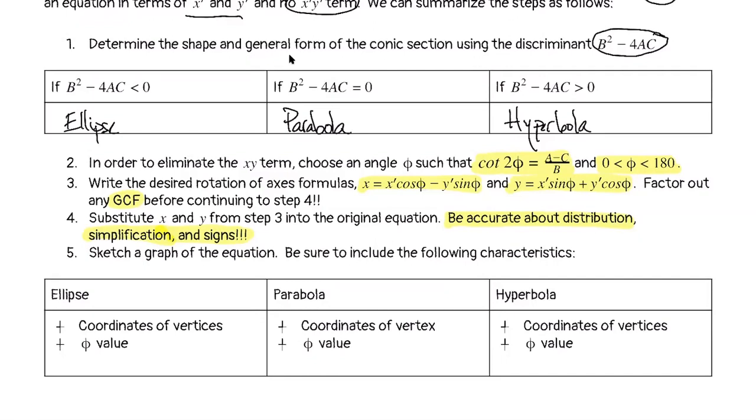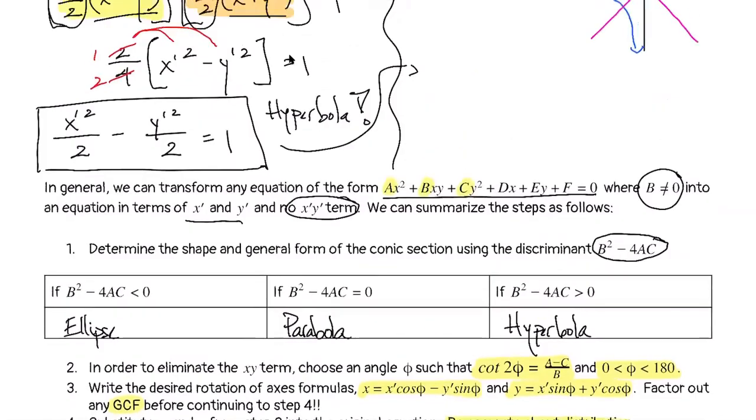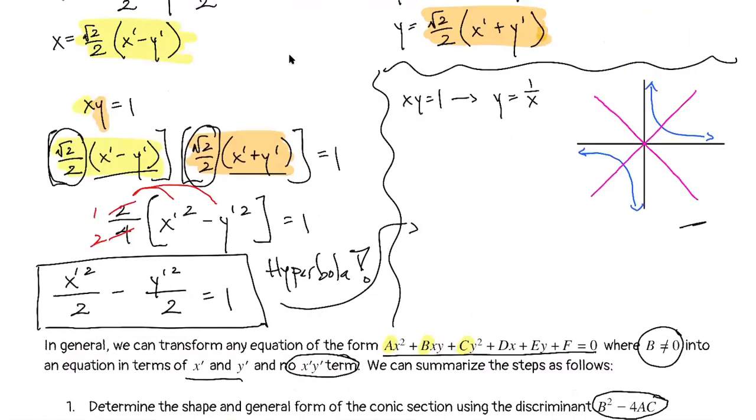And if it's a hyperbola, I'd like to know the coordinates of your vertices and your angle of rotation. So for problems like this, you don't need to do directrix and co-vertices and foci. I just want a quick sketch so that you can convince yourself that this rotation of axes actually gives us a graph that is rotated.